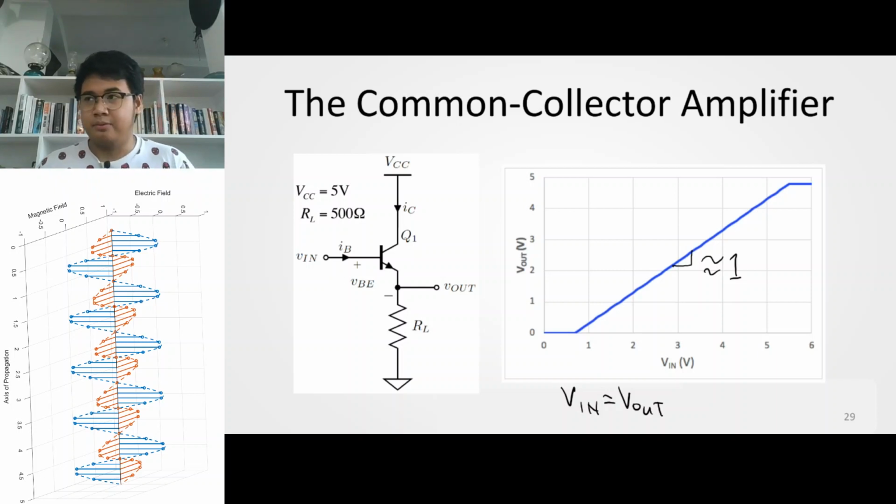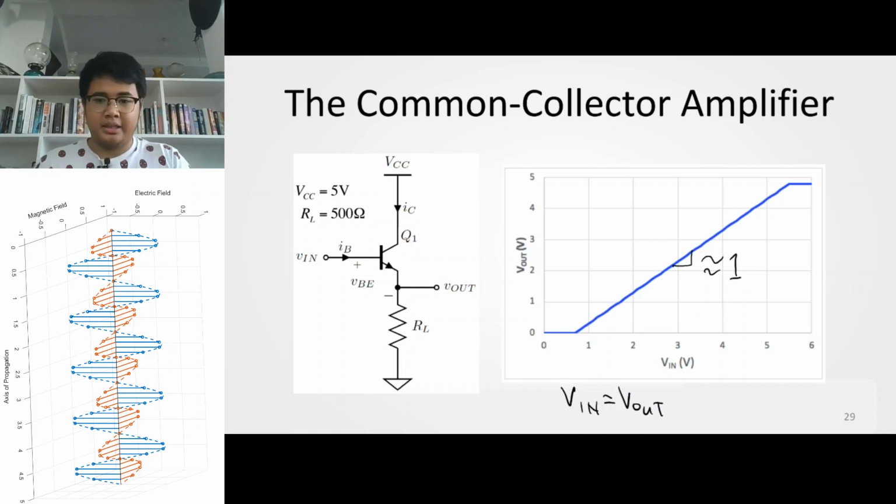I believe we'll talk about that in lecture 9. There are properties of a common collector amplifier that we want, and its properties are better compared to common base and your common emitter.